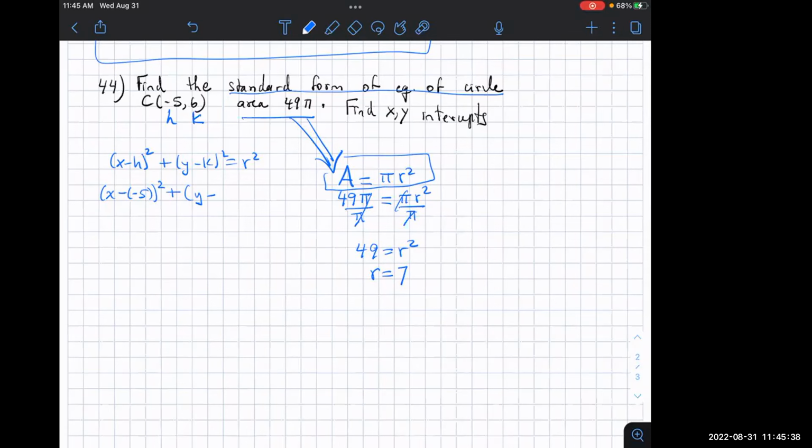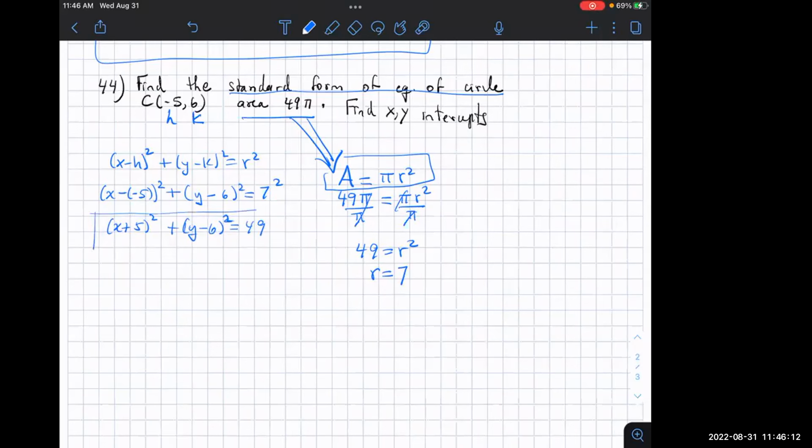K is 6, so y minus 6 squared equals, and now r is 7, so 7 squared. So x plus 5 squared plus y minus 6 squared equals 49. As we go on, we might use the area of the circle again, so you'll start remembering that the area of the circle is pi r squared.